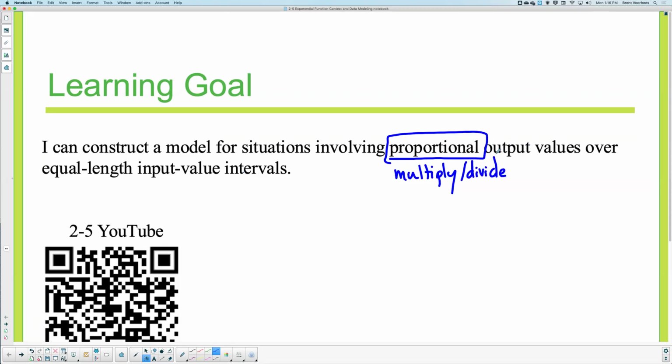That's talking about the output values. Which one's output, x or y? The y. The y values will be multiplying or dividing, whereas the x values, it says equal length input values. What that just means is you're going to have x values that are adding by a common amount, a common addition.